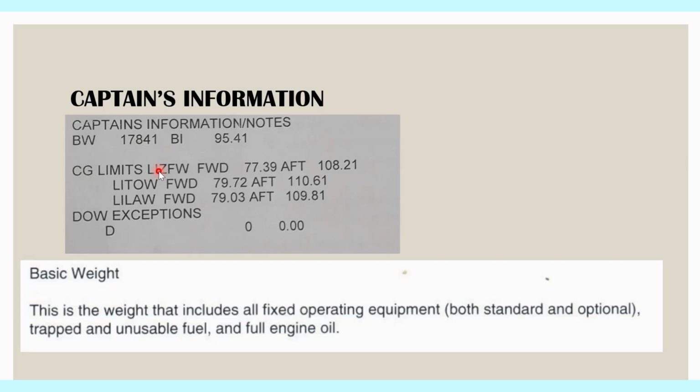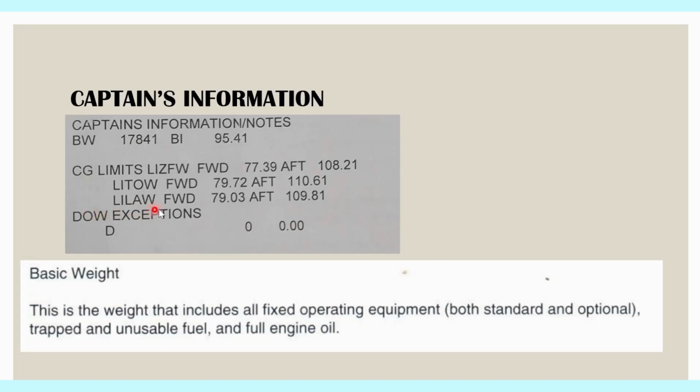So the zero fuel weight limitation lies between these two, forward and aft. For the loaded index of takeoff weight, forward is this, aft is that, and for the loaded index of landing weight, forward is this and aft is that, for example. Dry operating weight exceptions is nothing, and these are just some figures that might be put here if there were any factors affecting dry operating weight.